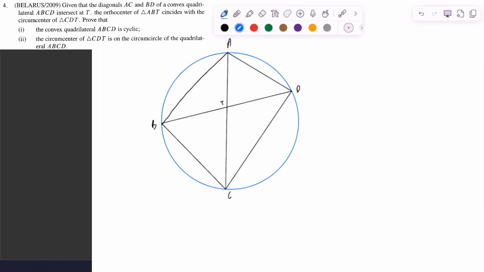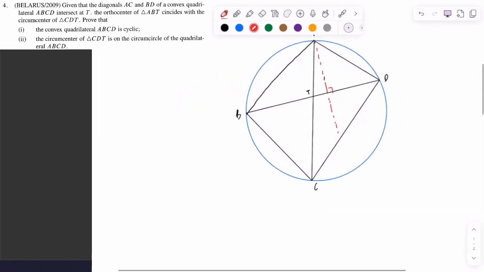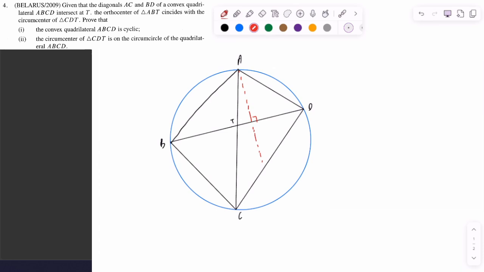The orthocenter of ABT would be, if you drop this line down where it's 90 degrees, and drop this line down 90 degrees, it intersects somewhere about here.